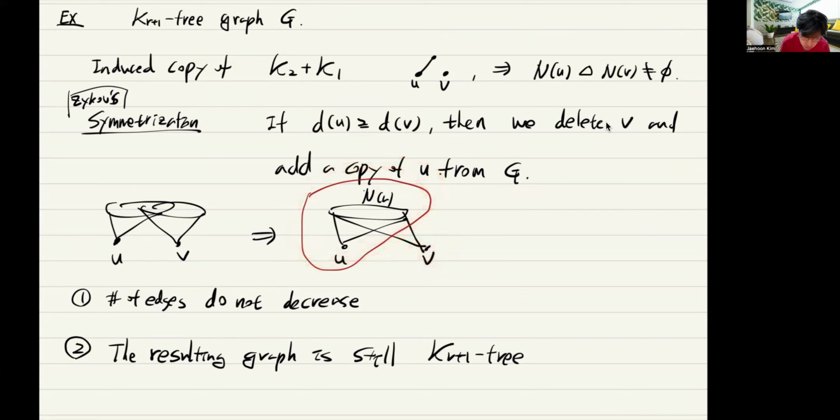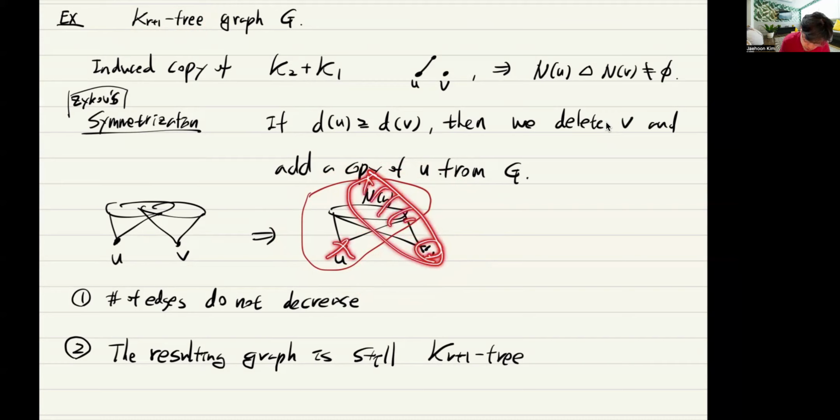So the only possible way that the resulting graph contains a complete graph on r+1 vertices is that it uses this new vertex. So it should be something like this. But because there are no edges between these two vertices, this clique cannot contain both of these. So it contains v but not u.